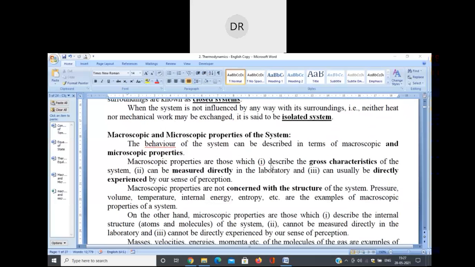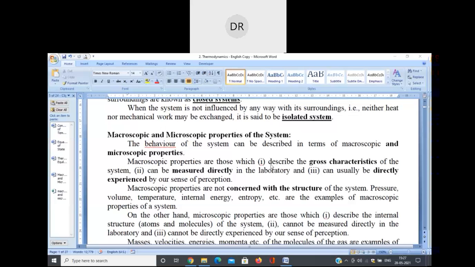So in today's class, we completed two topics: thermodynamics, and system and surroundings. The next important topic is macroscopic and microscopic properties of the system.